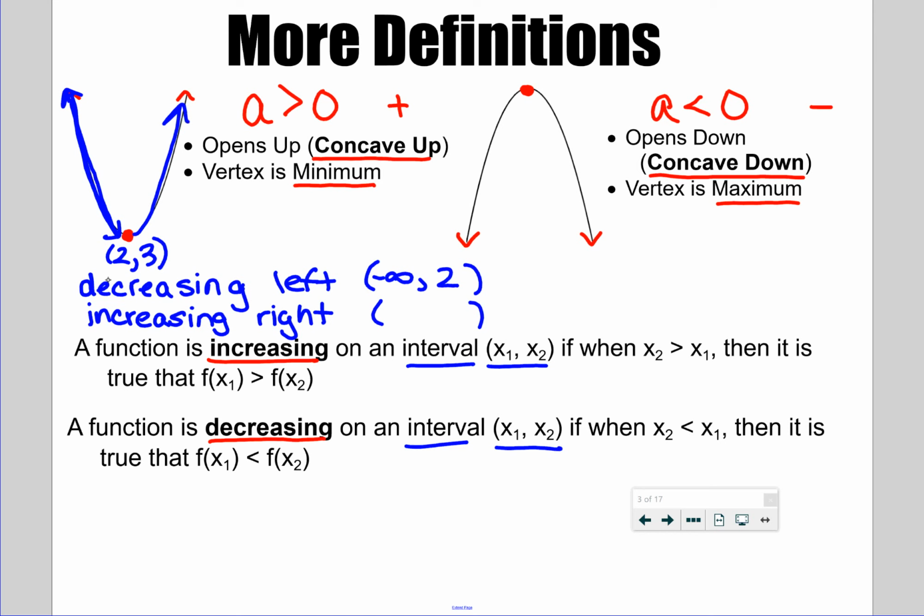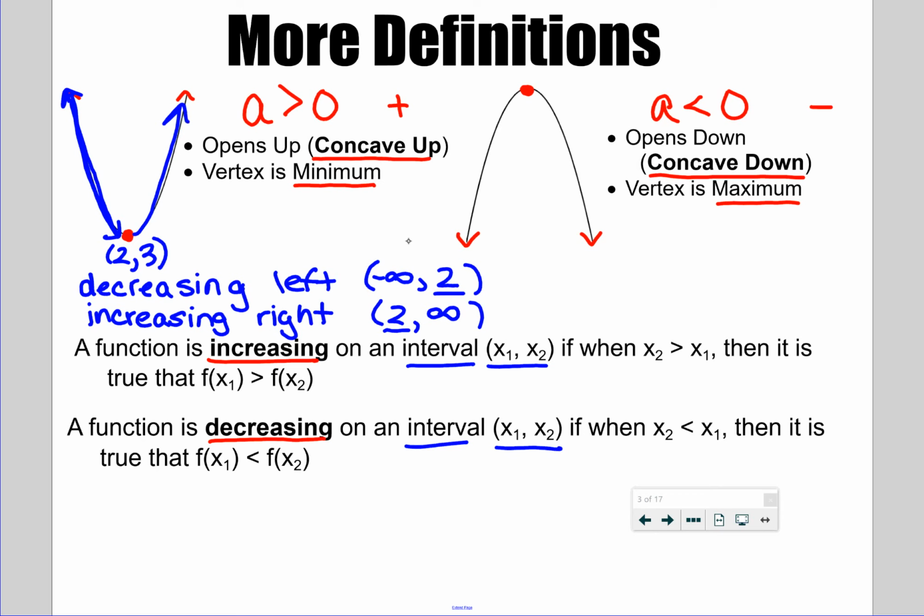Then it starts increasing. It turns around. It is increasing from 2, and then it increases forever as this graph goes to the right, so all the way to infinity. So you're going to notice when you list increasing and decreasing on a parabola, it's always going to be negative infinity to a number, and then that same number to infinity.